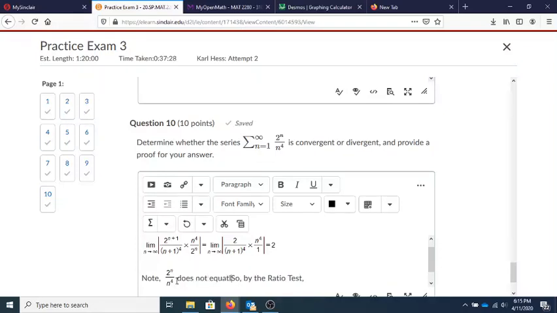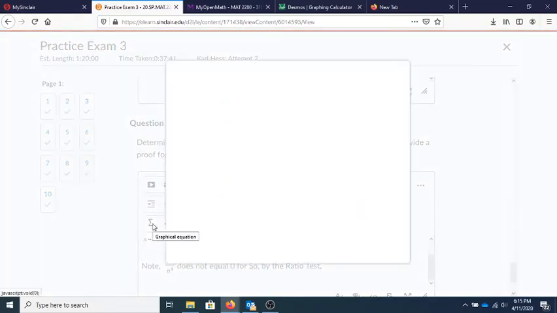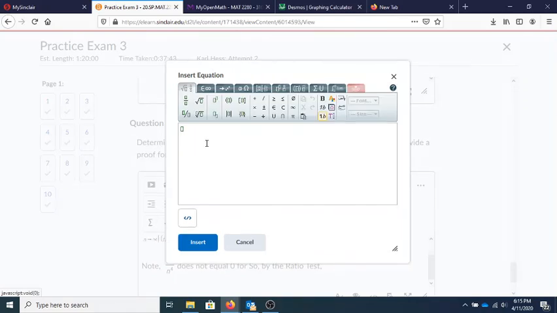So it's significant that n starts at 1 up in our series. So it does not equal 0 for n greater than or equal to 1.